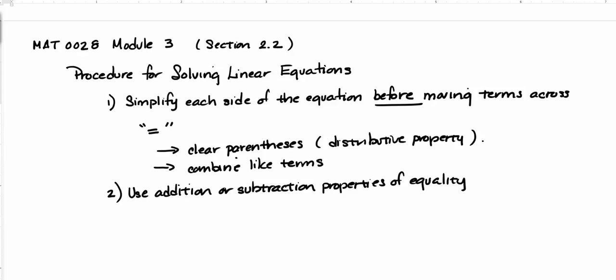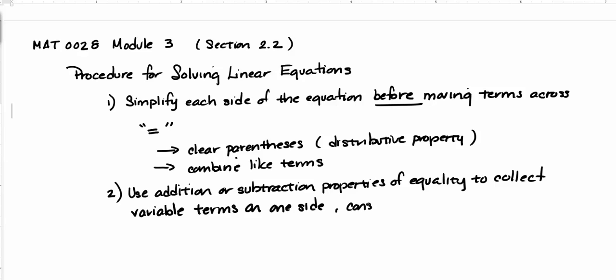So we're going to get all the variable terms on one side and the constants on the other side. So to collect variable terms on one side. And again, we're talking about one side of the equal sign, right? And then the constants on the other side.